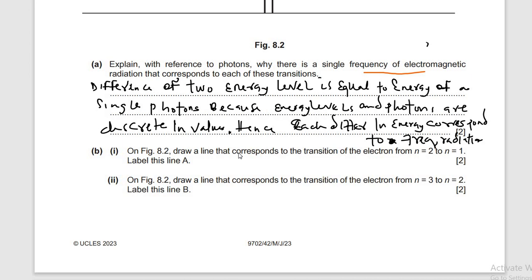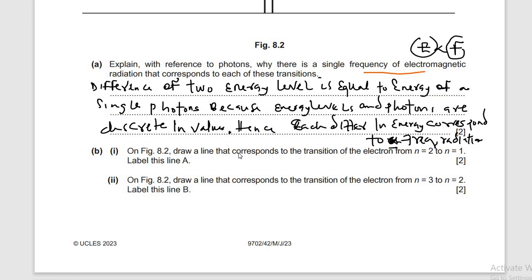I mean, it is unique like this. Each difference in energy level corresponds to a single photon, because energy levels and photons are discrete in value. Hence, each difference in energy corresponds to a frequency of radiation.